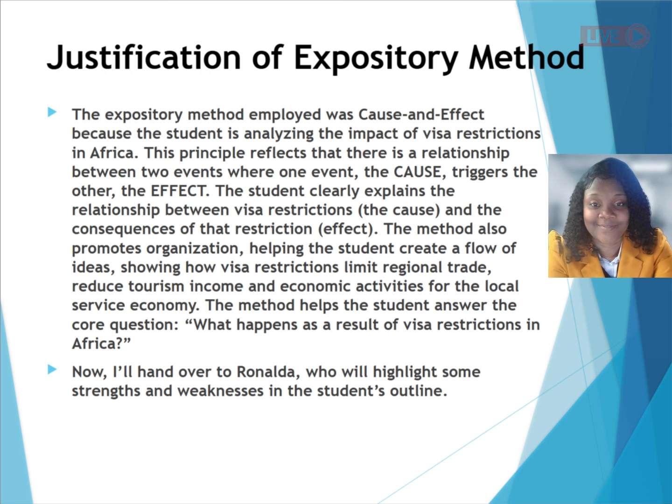This method also promotes organization, helping the student create a flow of ideas showing how visa restrictions limit regional trade, reduce tourism income, and economic activities for the local service economy. The method helps the student understand the core question: what happens as a result of visa restrictions in Africa?